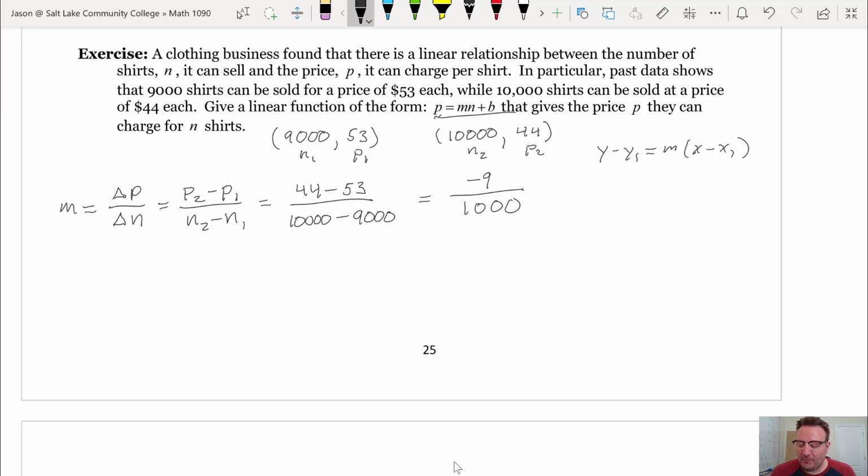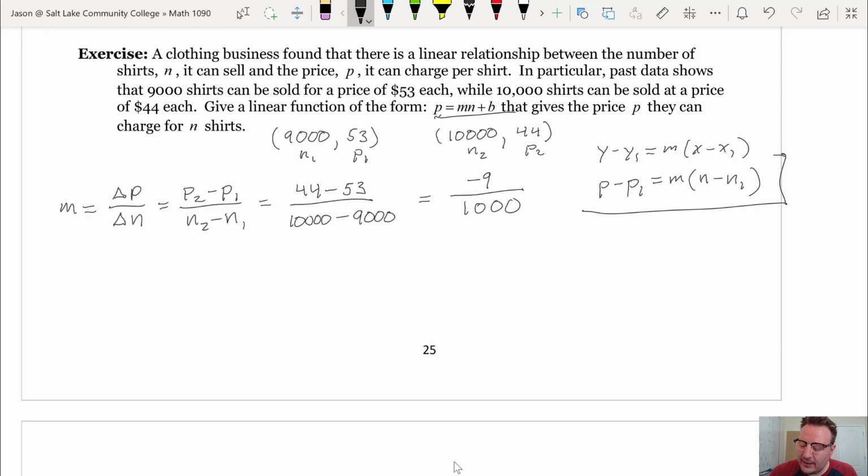But instead of using y and x, we're using p and n. So the corresponding formula that we want to use is, well, what would it be? It would be p minus p1, because price is our output variable. We're still using the symbol m for the slope or rate of change, but now we're using n for the input variable, so we're going to do n minus n1.